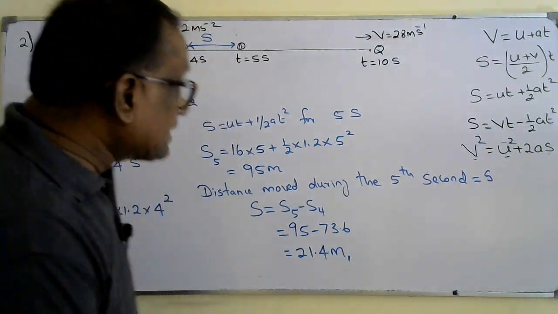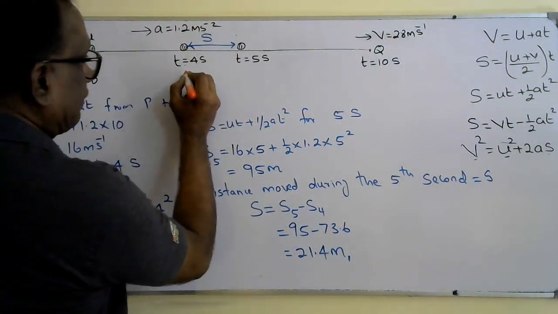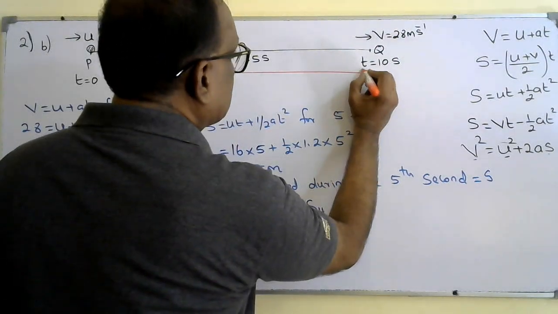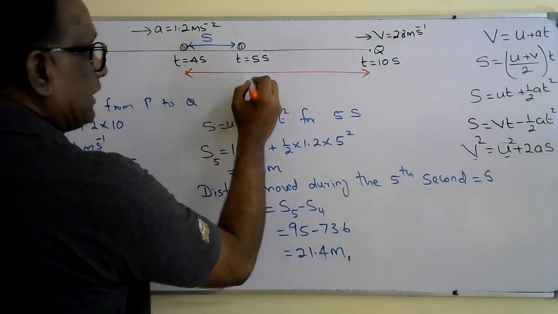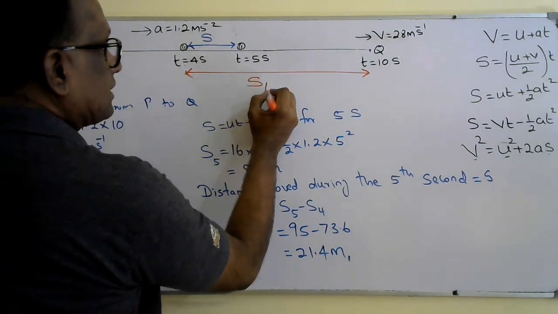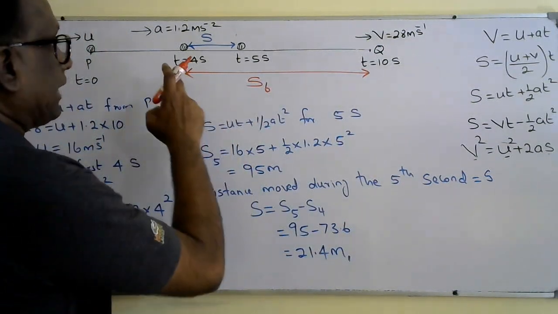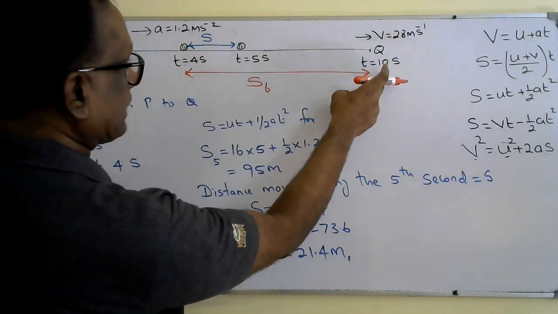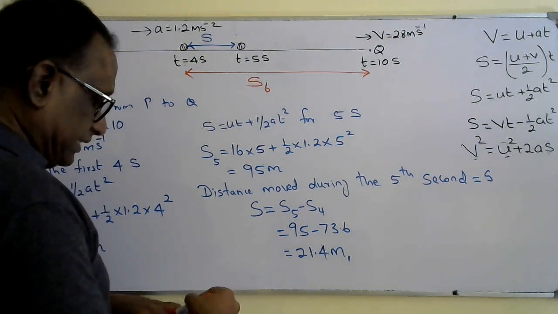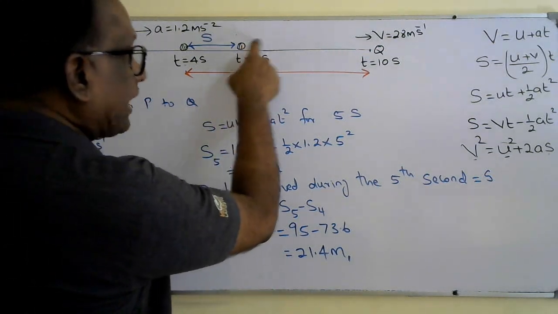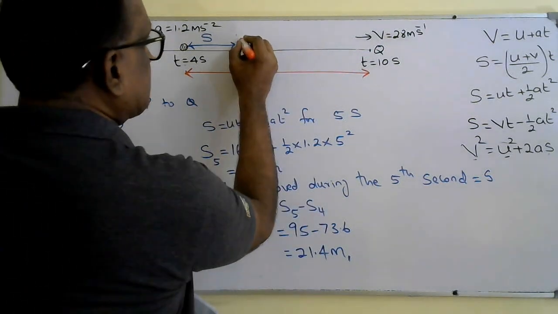During the 6 second interval, from time 4 seconds to 10 seconds, it travels from here to here. I'll put this as S6. Then I'm going to find the distance during the last 5 seconds, so I'm going to put this as S5.